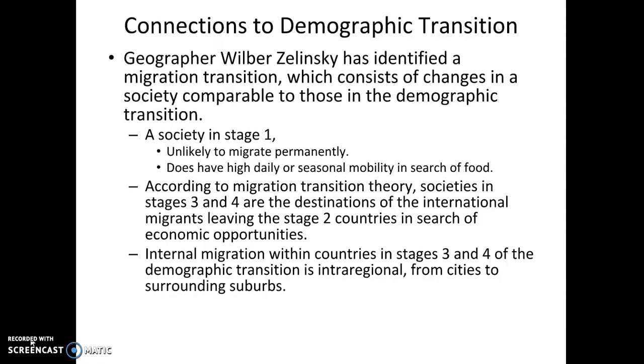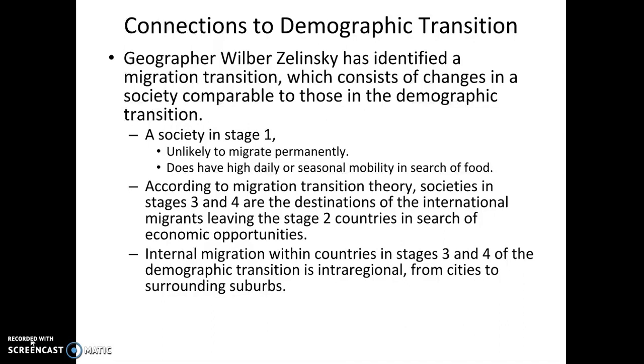So a society in stage 1 is unlikely to migrate permanently. They do have high daily and seasonal mobility in search of food. According to his theory, societies in stages 3 and 4 are the destinations of the international migrants leaving the stage 2 countries in search of economic opportunities.